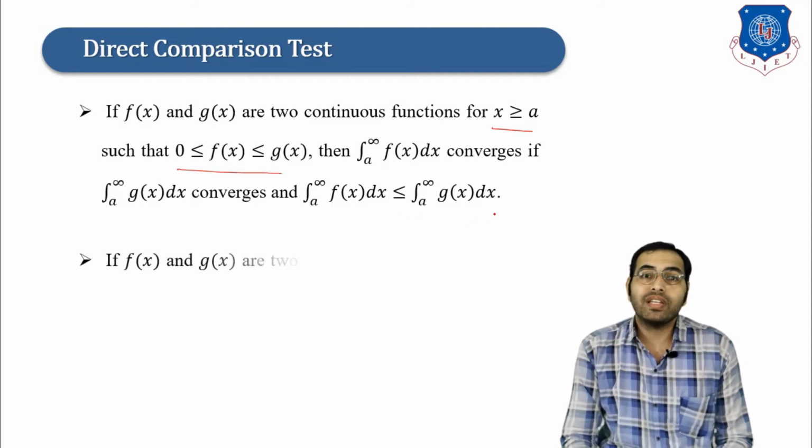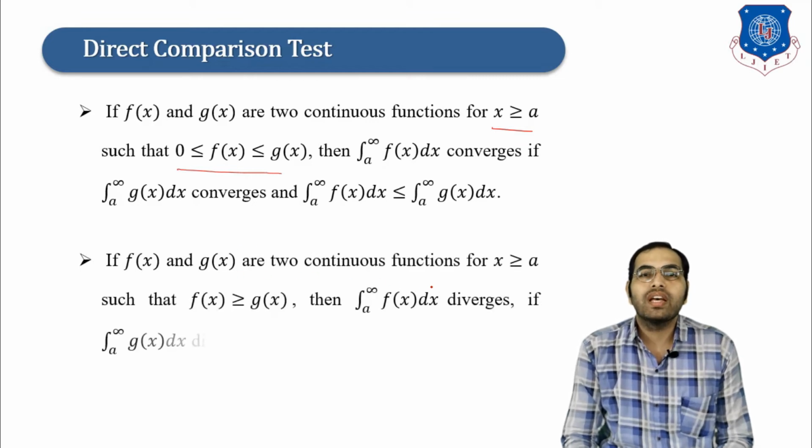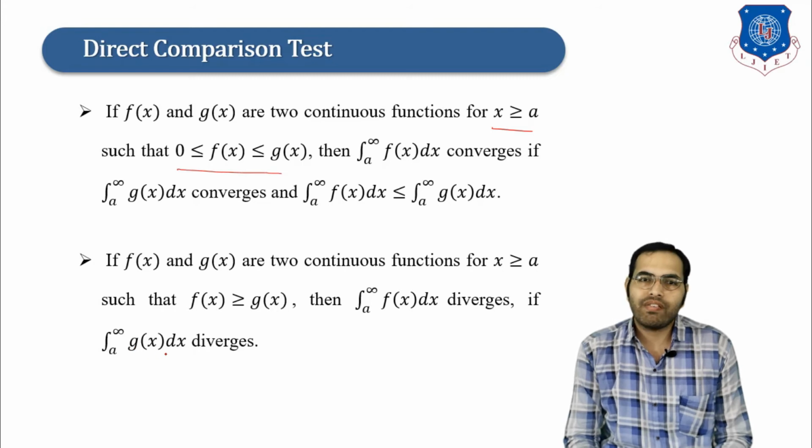If f of x and g of x are two continuous functions for x greater than or equal to a, such that f of x is greater than or equal to g of x, then the integral a to infinity f of x dx diverges if the integral a to infinity g of x dx diverges.